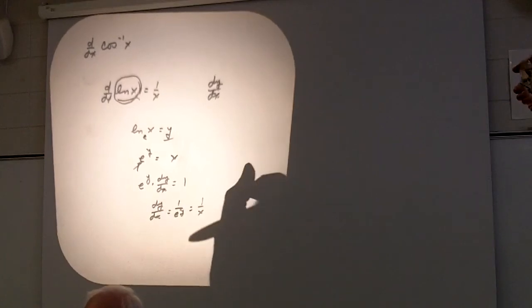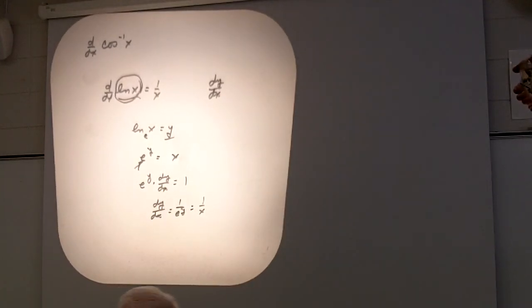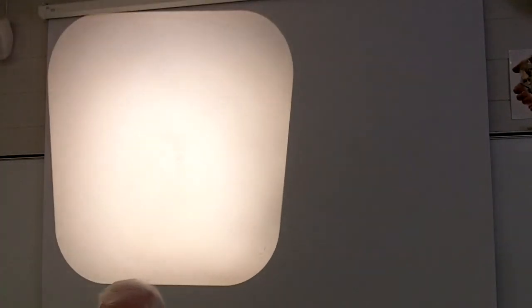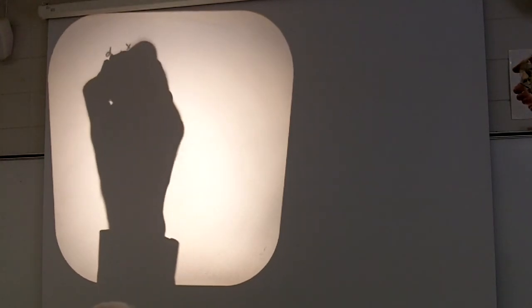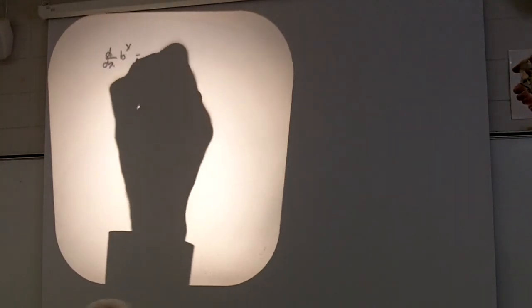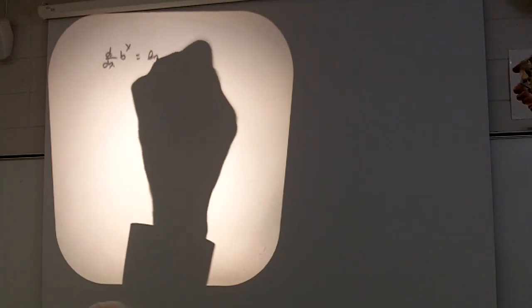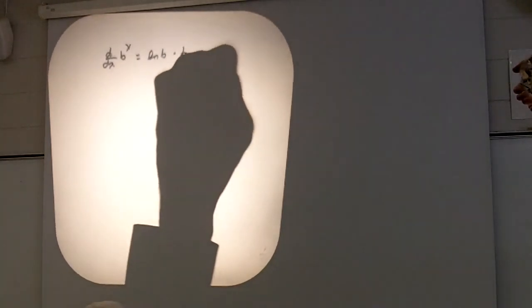And it's one of my big friends right over here. Yes? Could you do the b to the x, please? Okay. You see, these don't take very long to do. Good one. And here's the other one. We have b to the x, the derivative of that is equal to what? ln of b times b to the x, right?